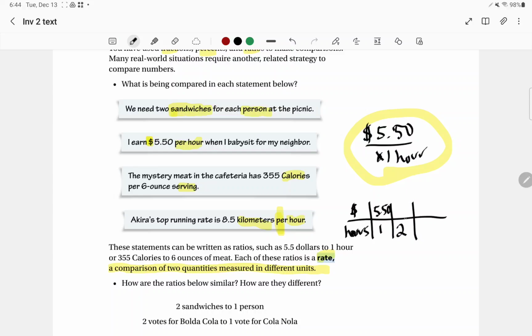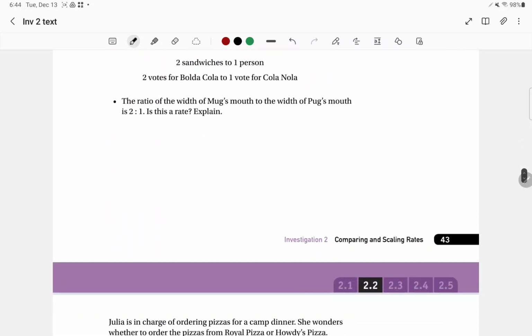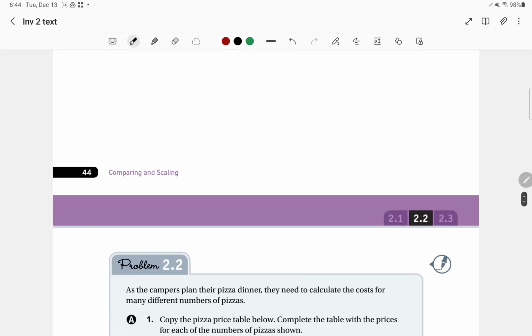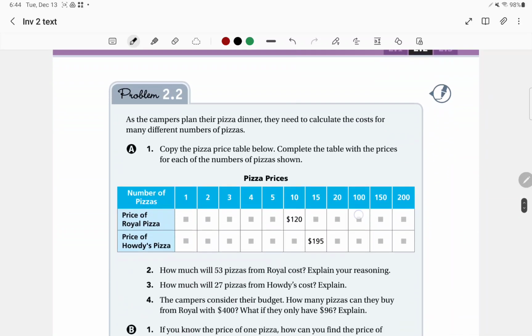Then after 2 hours, you would make $11. After 3 hours, you would make $16.50. And then you would keep going forever, how long the problem wants you to continue going. All right, and you're comparing quantities that way. So that's kind of what a rate table looks like. So we're going to be constructing rate tables for this investigation.